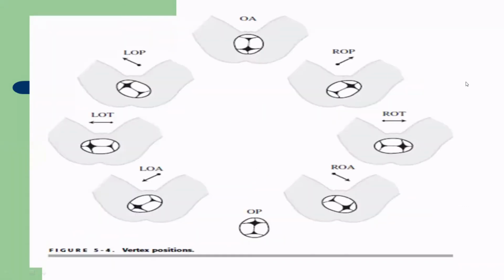So these are the positions. This is the maternal thigh, and this is the fetal head in the pelvic cavity. The mother is in the lithotomy position. These are the different positions of the occiput in the maternal pelvis. This triangular one is the occiput.